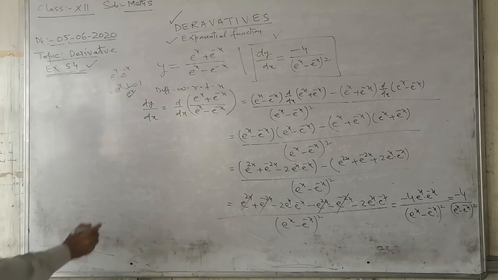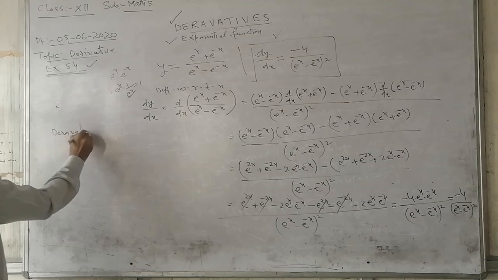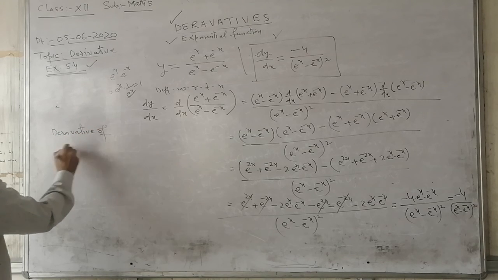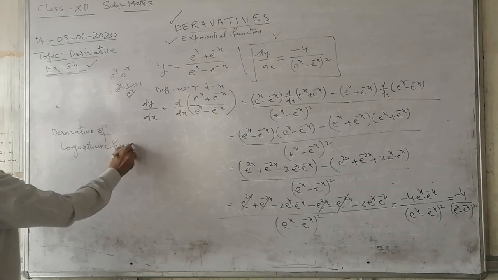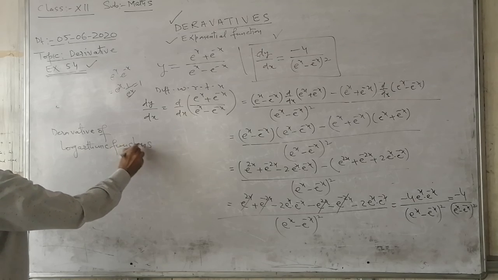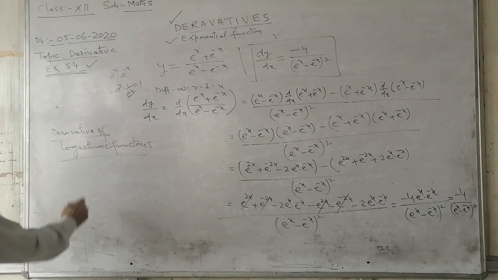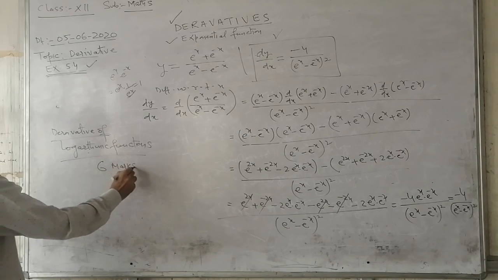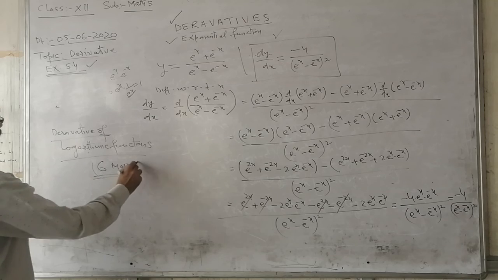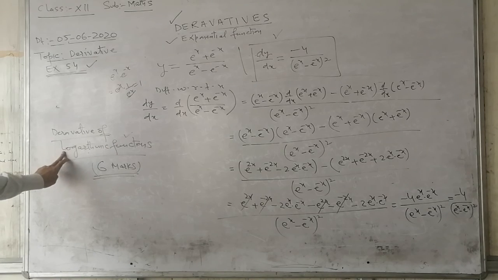So next is the derivative of logarithmic functions. This is an important exercise which I am going to take tomorrow. You will get a 6 marks question in your annual examination from this exercise. So it is logarithmic differentiation.